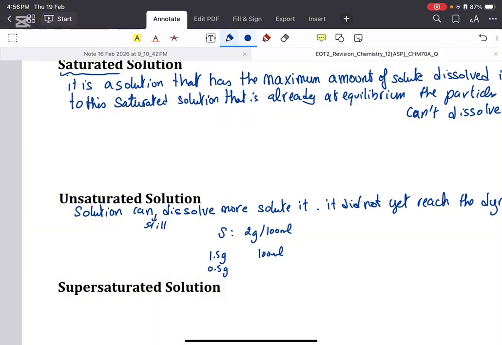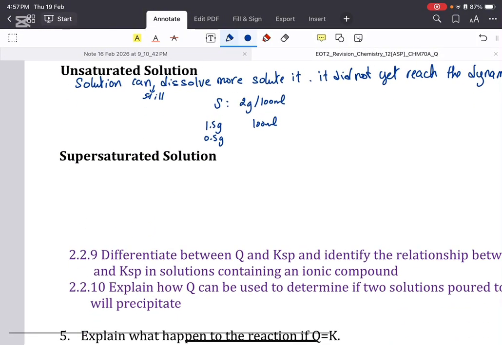Now, the supersaturated solution. A supersaturated solution is a solution that is unstable, like the solute in it is forced to dissolve, and if I put some additional solute in it, it will crystallize.